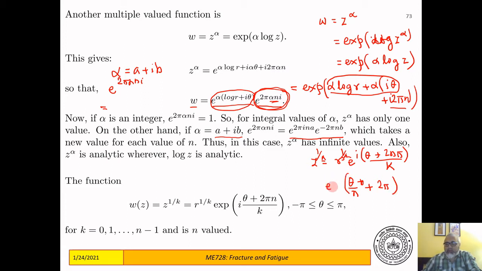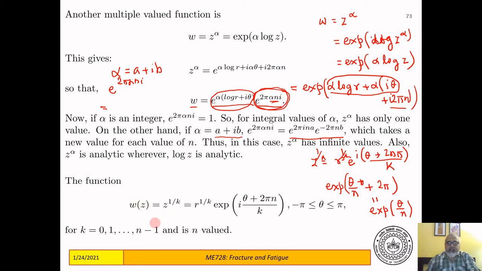So e to the power i theta by n plus 2 pi is equal to e to the power i theta by n. Okay, but when n is 0 to n minus 1, then this has different values.